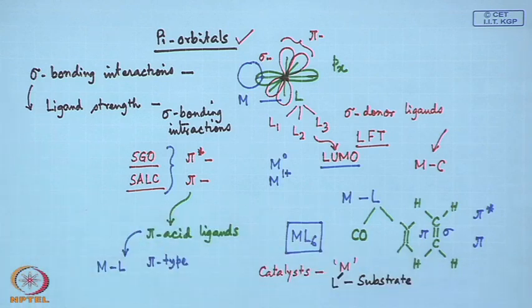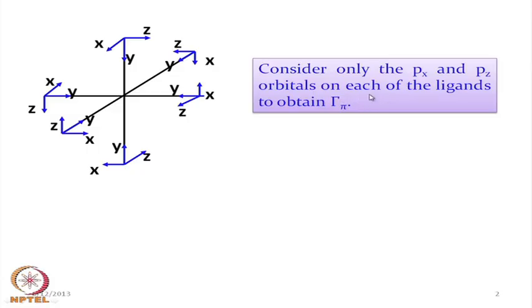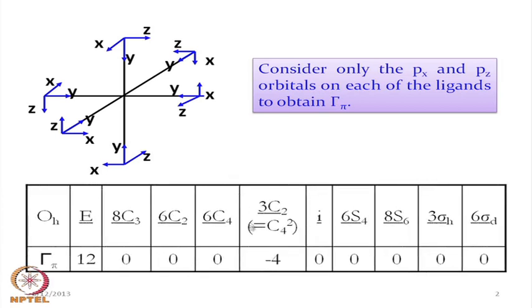So, the number of pi orbitals available for this system is very important. On each ligand site we have 2 orbitals available. So, 6 into 2, that means we can have 12 orbitals in our hand, and those 12 orbitals will have some matching orbitals from the metal ion site.